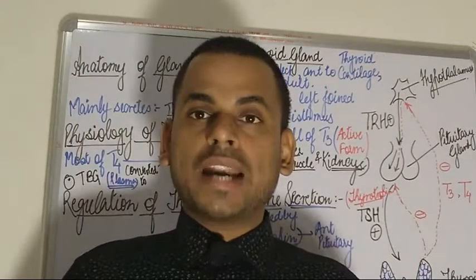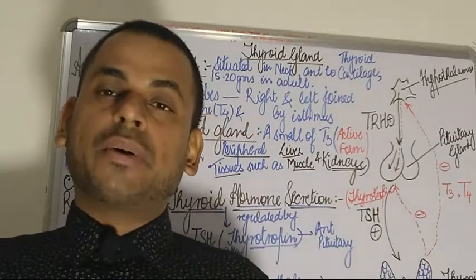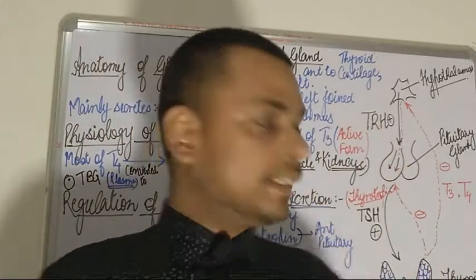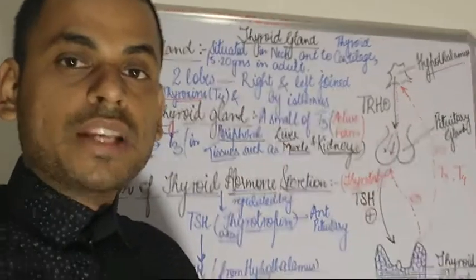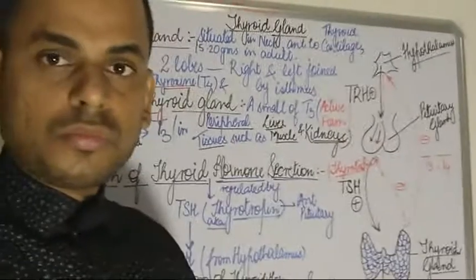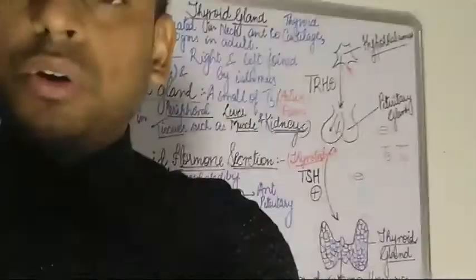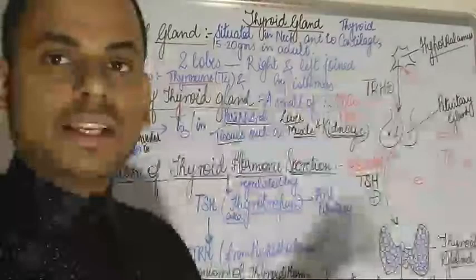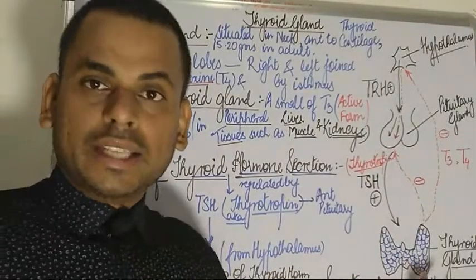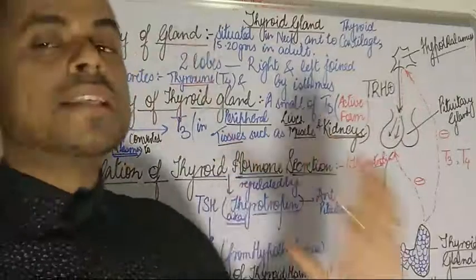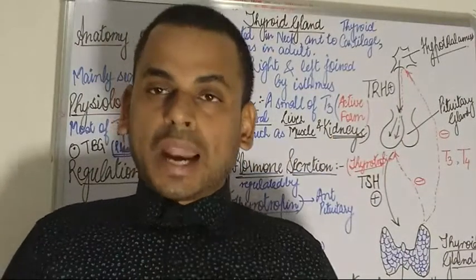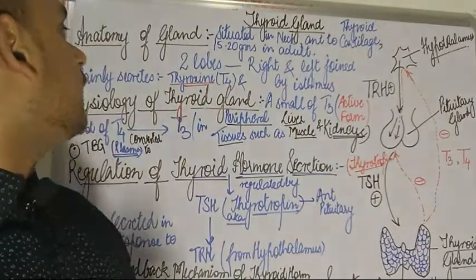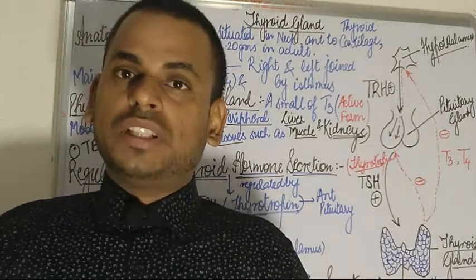It consists of two lobes, the right and the left lobe, which are joined by an isthmus. In an adult, the thyroid gland weighs about 15 to 20 grams. So this is the brief anatomy of the thyroid gland.